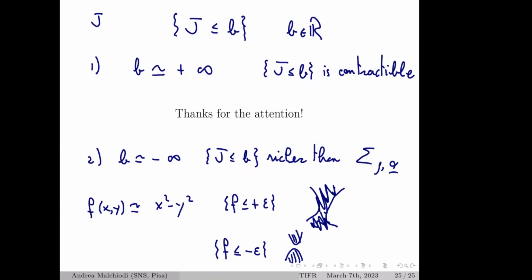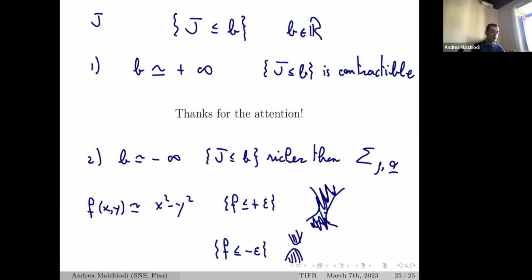So I think the difficulty would be to avoid those points where the concentration might happen, the energy levels. Exactly. That's why we assume that rho does not belong to this discrete set lambda rho alpha. I can tell you what it is.